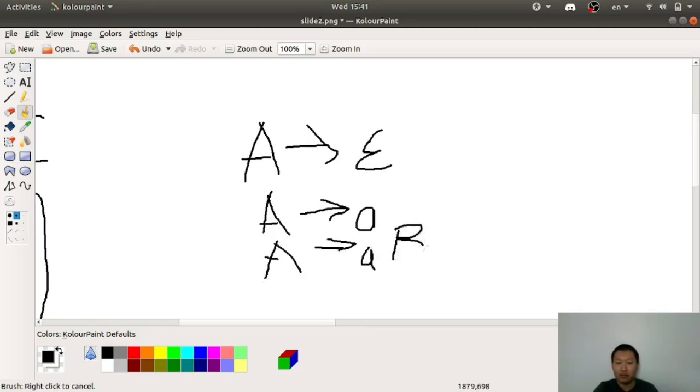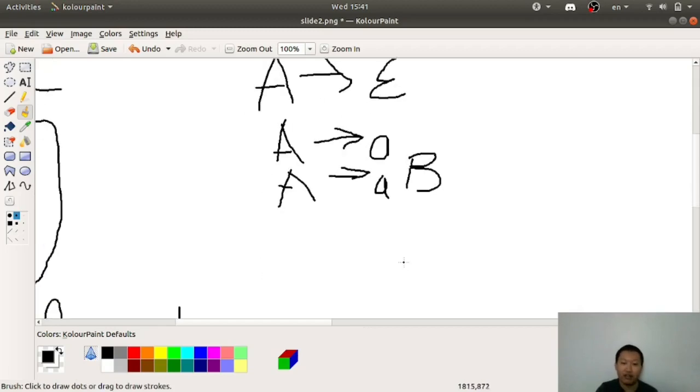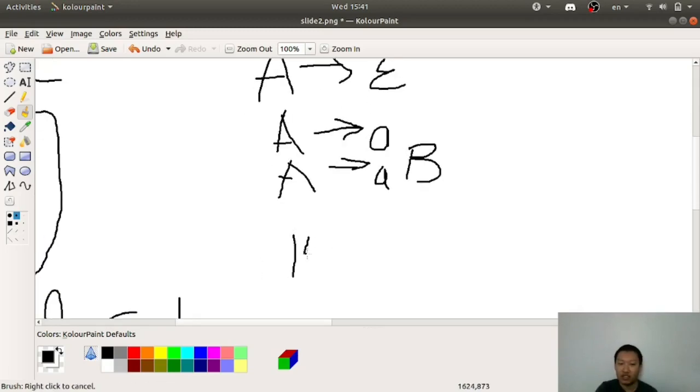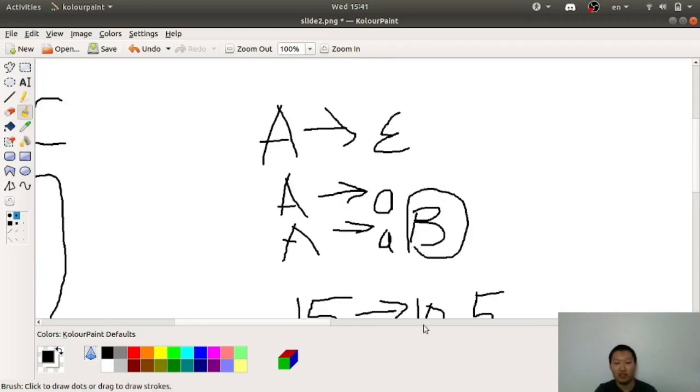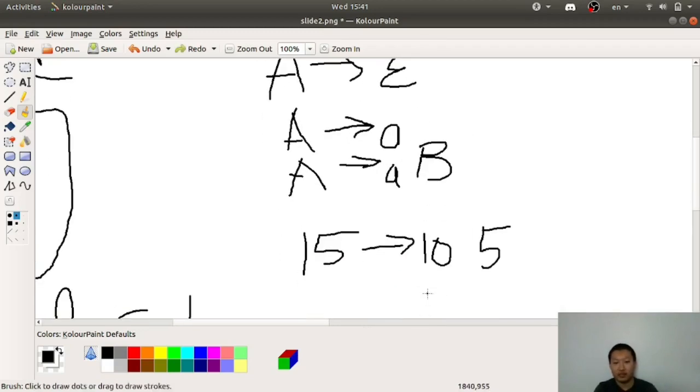Just to give an example of what wouldn't be allowed, you couldn't have, say, 15 going to 10 and 5. The reason this isn't allowed is because you can't have two non-terminal symbols on the right side of a regular grammar. You can only have one, and that's represented by this b here. Okay.